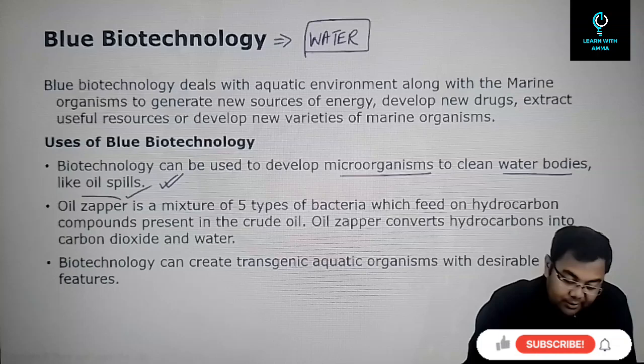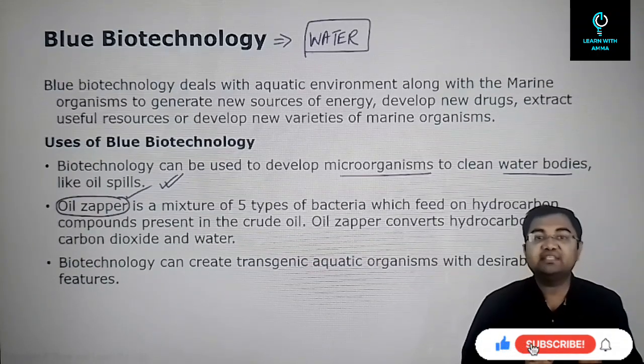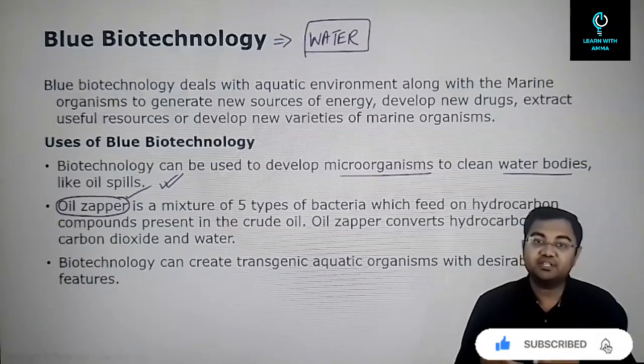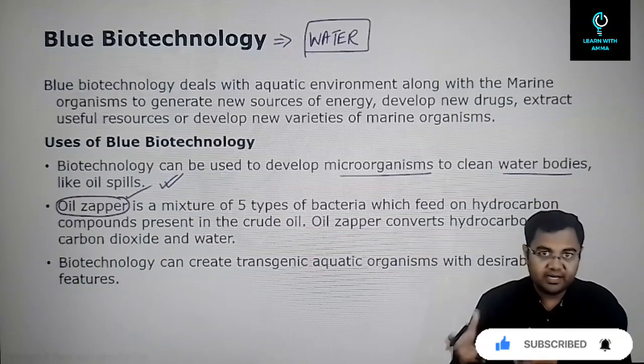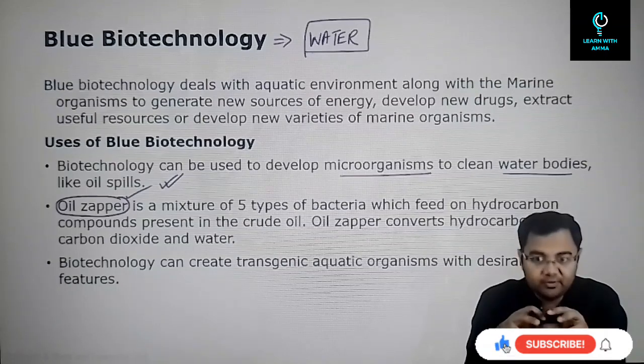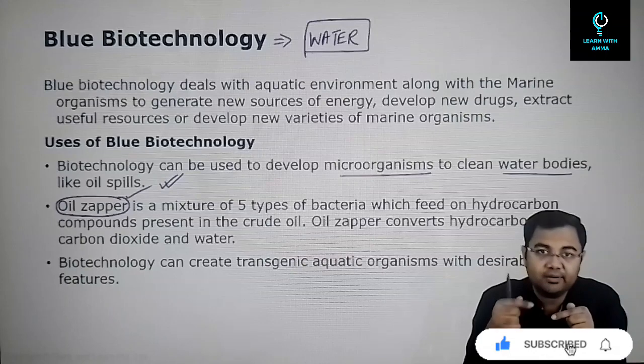And to contain oil spill we have something very specific which is called as oil zapper. Now this oil zapper is basically a mixture of 5 different kinds of bacteria, and this mixture is able to contain oil spill. When you use this mixture called as oil zapper on an oil spill, these bacteria will go on the oil spill and they will start converting hydrocarbons into carbon dioxide and water.